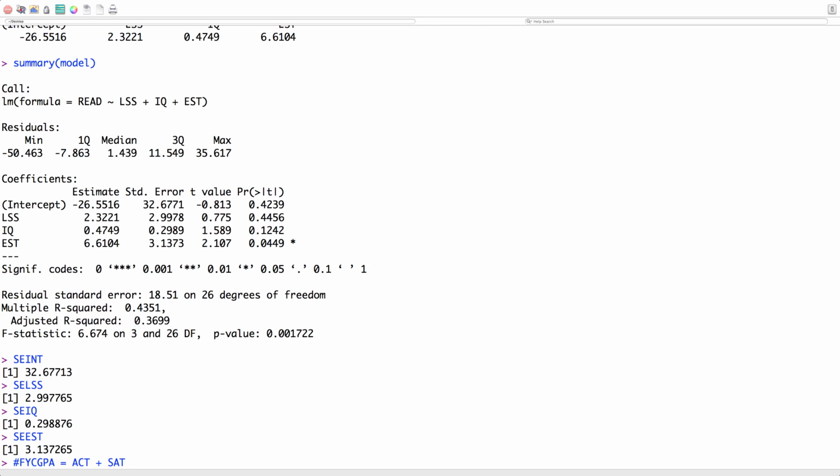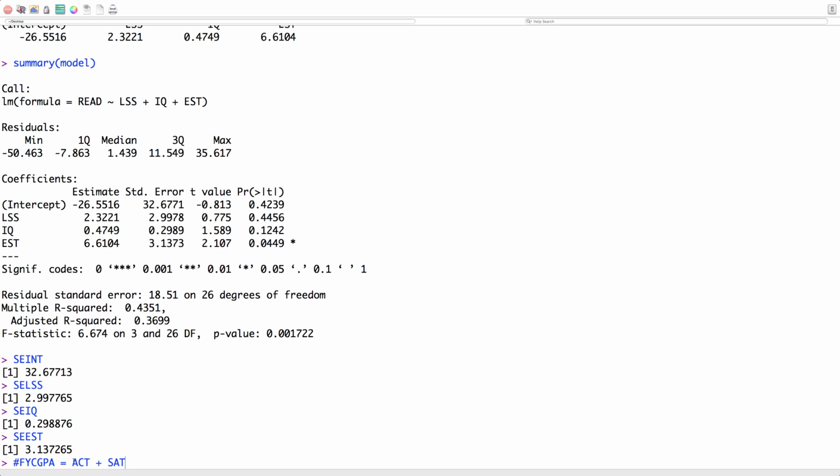If you think about it, the interpretation of these coefficients at the end of the day is controlling for the other one. If we increase SAT, ACT, whichever one we're focusing on, by 1 unit, the beta coefficient is the change in the first-year college GPA.